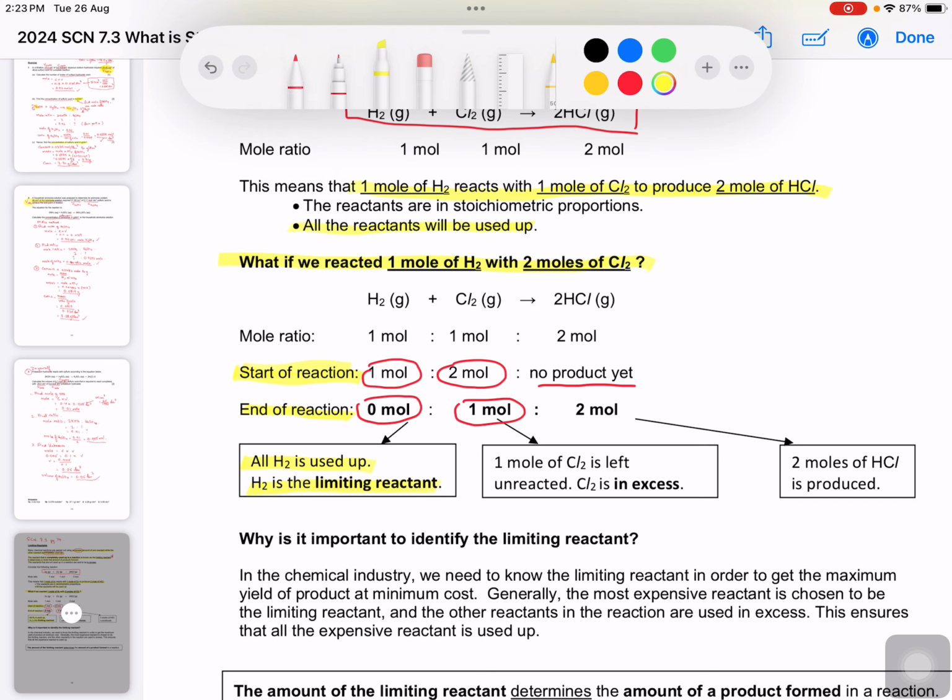The mole ratio says 1 mole is to 1 mole is to 2 mole. So every 1 mole of hydrogen will react with only 1 mole of chlorine. But we have 2 moles of chlorine. So 1 mole will be unreacted.